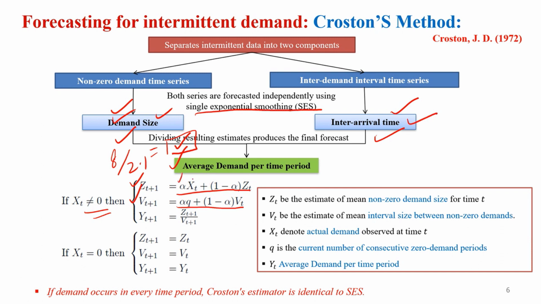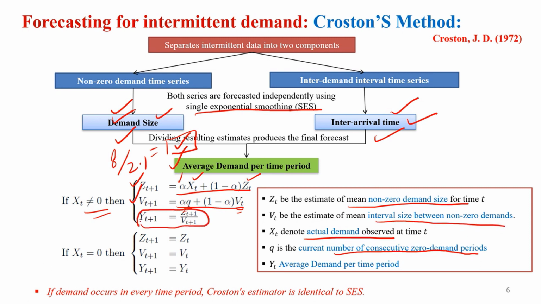Alpha is the smoothing factor, xt is basically the actual demand, zt is basically the estimated non-zero demand size, whereas q is indicating the number of consecutive non-zero demand periods. So vt is basically indicating the interval size, right? And this is how we can calculate the forecasted value. Yt plus 1 is indicating the future forecasted value.